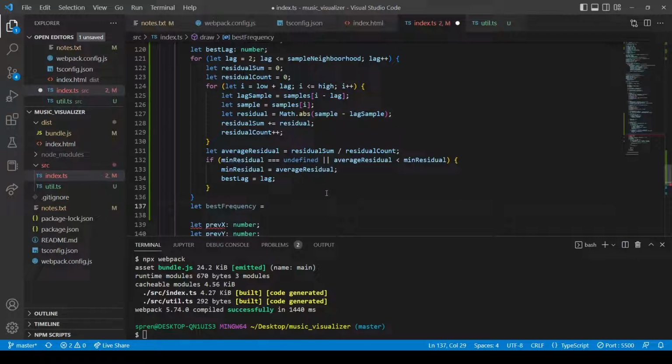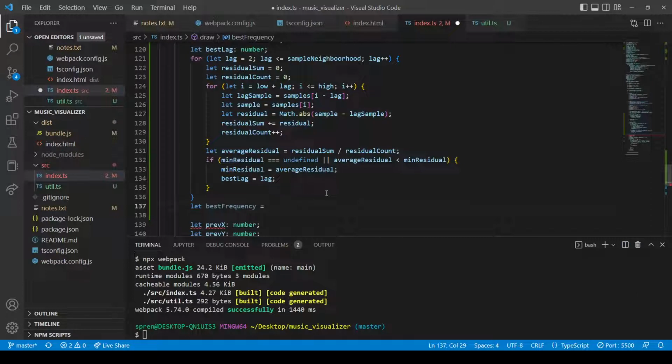So let's say the answer was 100. That would mean the wavelength of our sine wave is 100 samples.